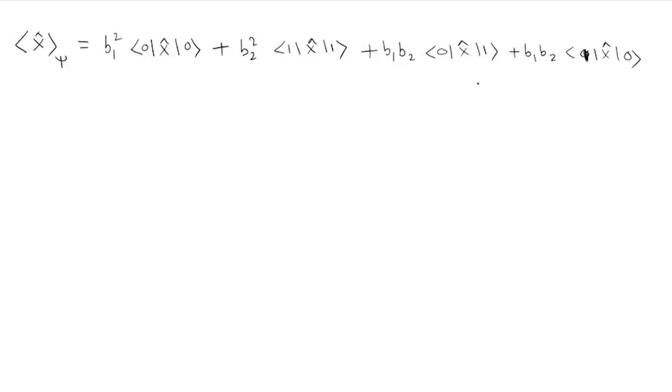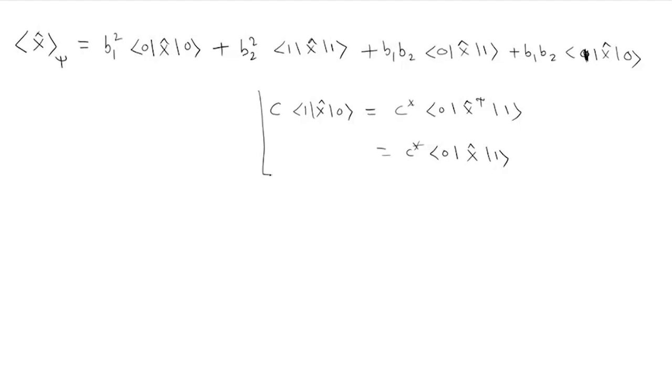Okay. x is a Hermitian operator. So if you have a constant C times ⟨1|x|0⟩, because x is a Hermitian operator, this is equal to C star times ⟨0|x|1⟩. x is Hermitian, therefore this is this and this.